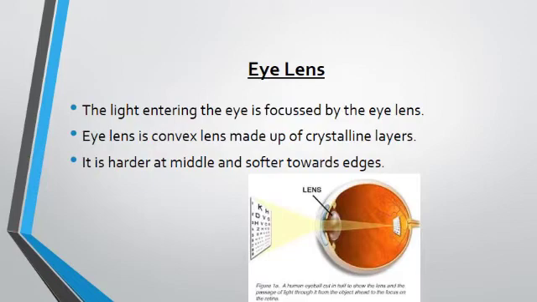It is harder at its middle and gradually becomes softer towards its edges. The eye lens is held in its position by ciliary muscles. This is the eye lens that makes the image of the object seen by the eye on a screen called the retina.